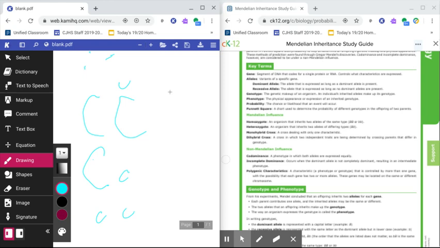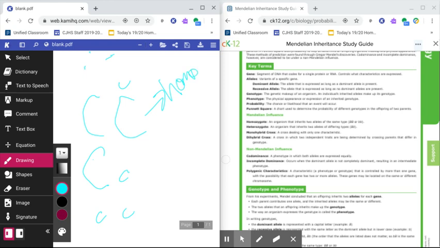Now, we have ways to describe these genotypes. We have fancy words: homozygous and heterozygous. Homo means the same, and that was one of our prefixes from earlier. Homozygous means both capitals or both lowercase.